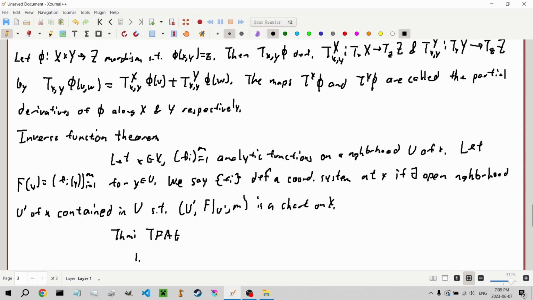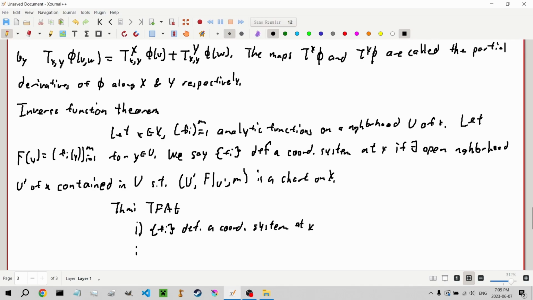One, first off, the collection of f_i defines a coordinate system at x if and only if the derivatives df_i at x form a basis of the cotangent space at x.